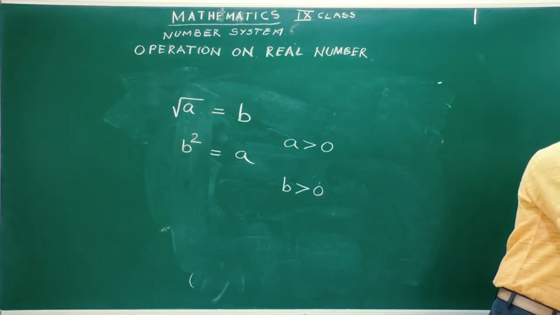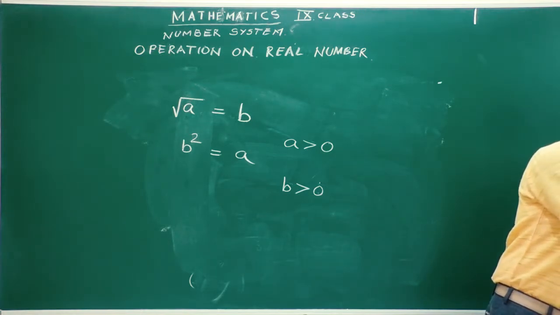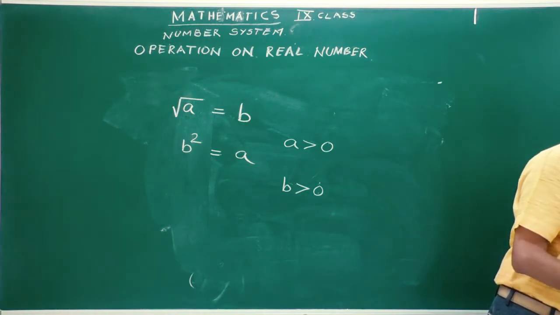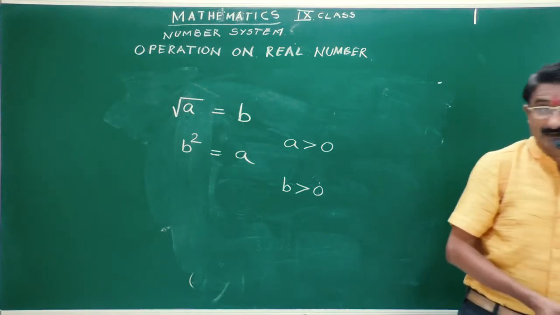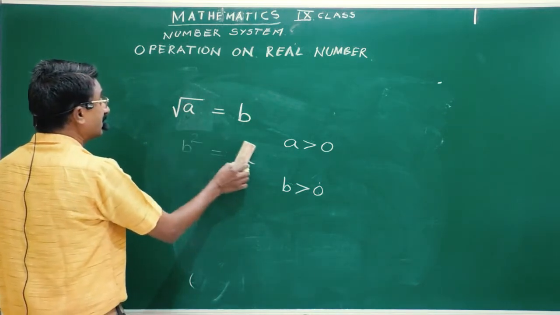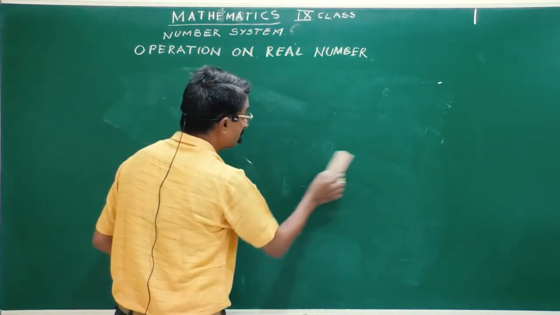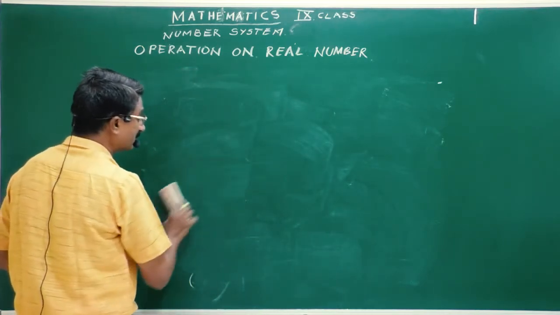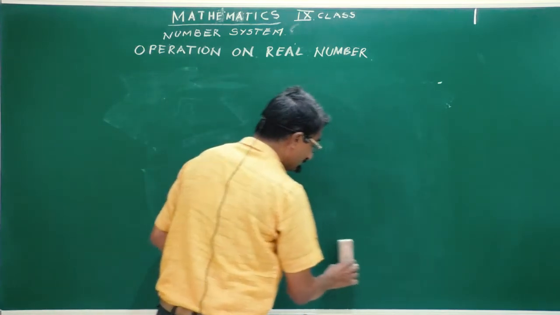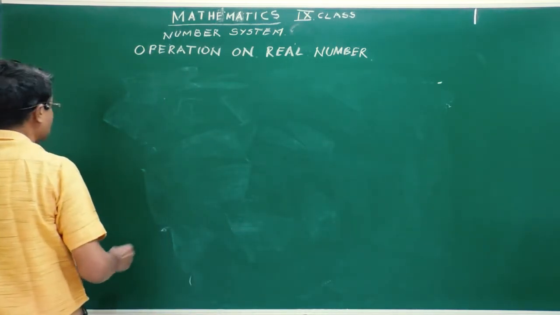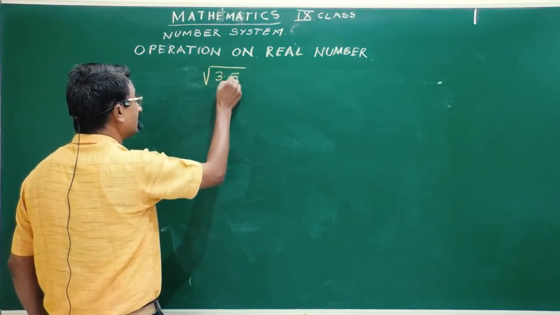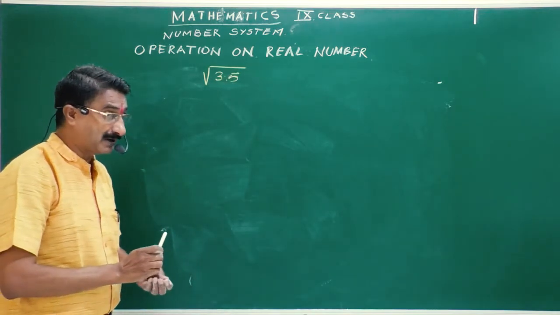So how to find under root x for any given positive real number x geometrically, means how to find out under root x geometrically on the number line. किसी भी वैल्यू का अगर अंडर रूट एक्स की वैल्यू आपको डायरेक्टली मार्क करना है, से फॉर एग्जांपल इफ it is taken in your book, that is 3.5, we have to find out the value of under root 3.5 and we have to mark it on the number line.